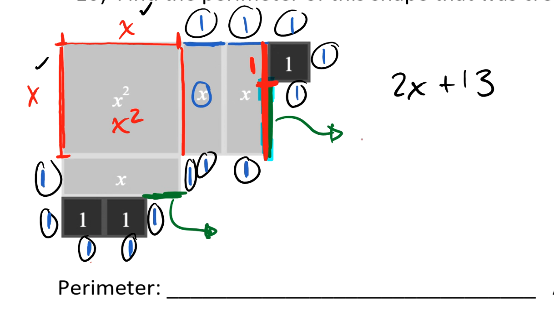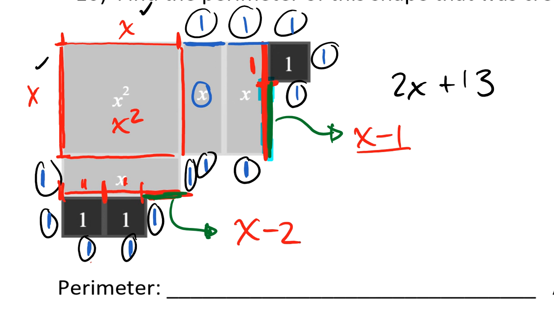So what remains has to be the x tile minus 1. So this part is an x minus 1. And similarly, this part over here was composed of this x tile, but we took away 1, 2 from it, so that left us this little piece here. So this is an x minus 2.